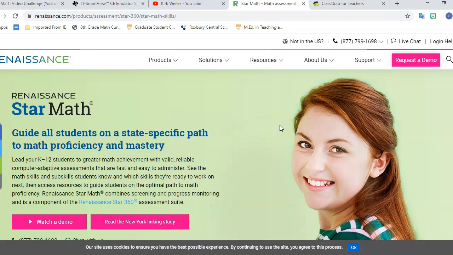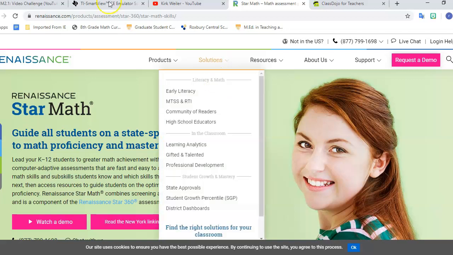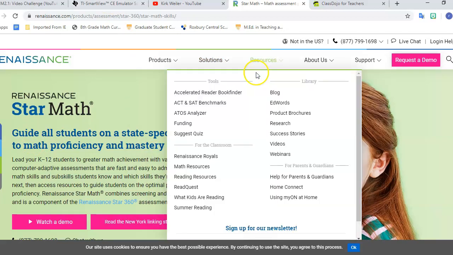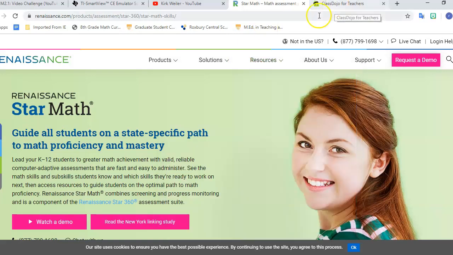I would show you more about it, but as I said before, my school is just implementing this, so I am not fully trained on how to use this.